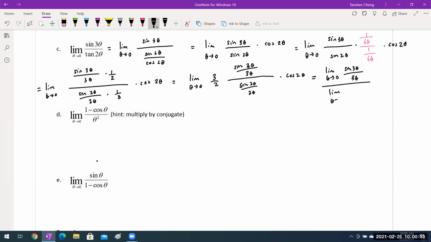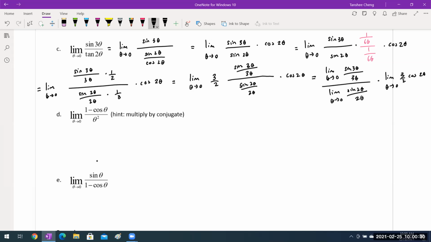That's the important part that I pointed out in section 1.6. And then times the limit as theta approaches 0 of 3/2 cosine of 2 theta.